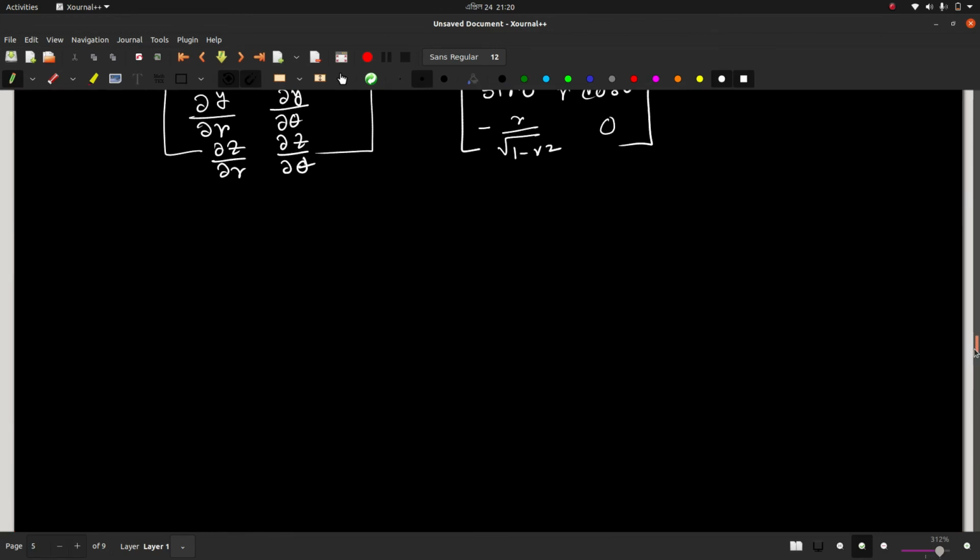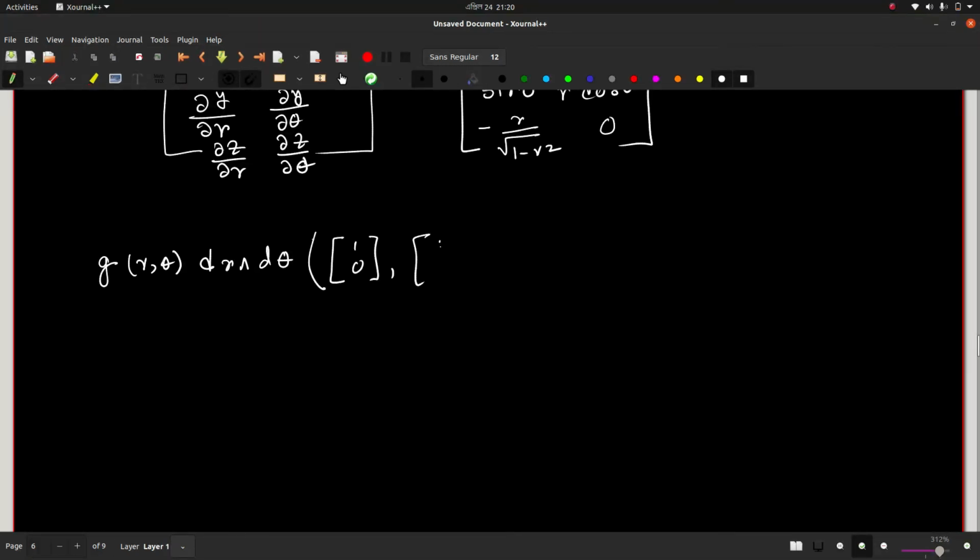What we want to do is finally use the fact that this g of r theta wedged with dr wedged with d theta, if you introduce two column vectors like this, will actually give you g of r theta, right?